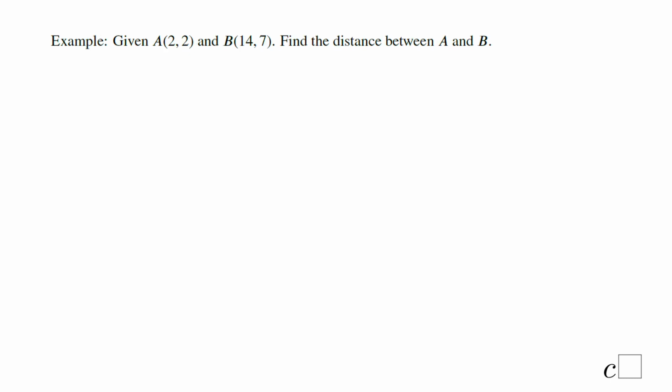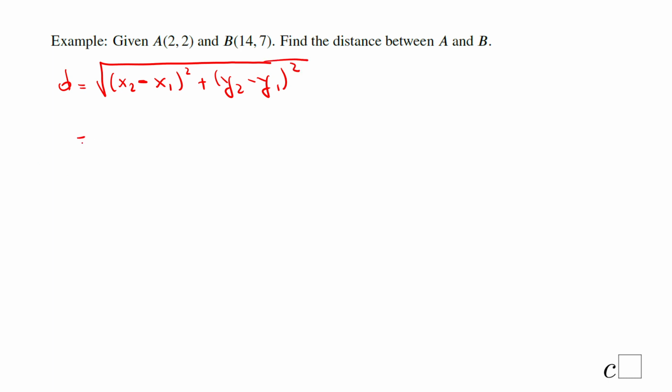Now let's see a first example here. We have 2 points A and B. Find the distance between these 2 points A and B. The distance formula is, let's see if I remember, the square root of x2 minus x1 squared plus y2 minus y1 squared, and don't forget the square root.